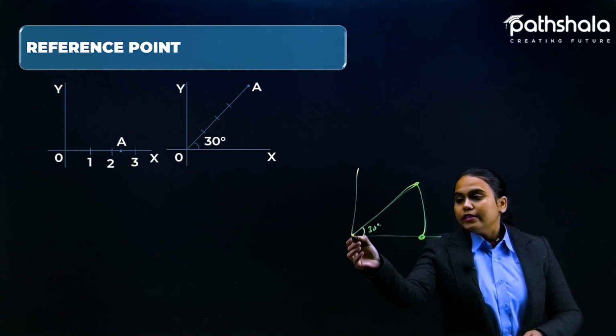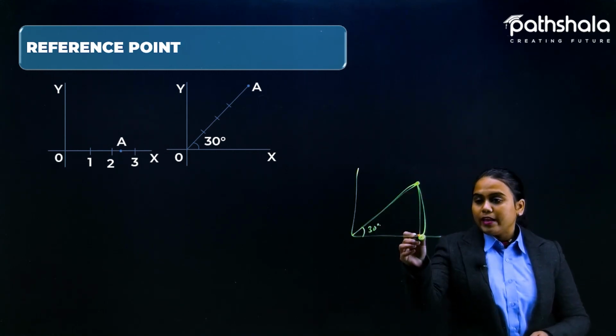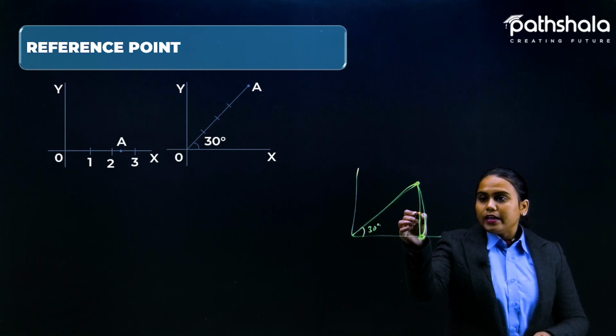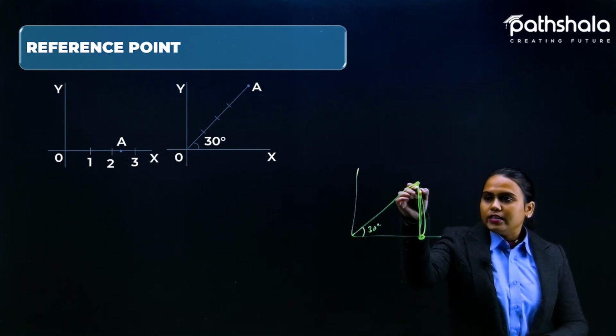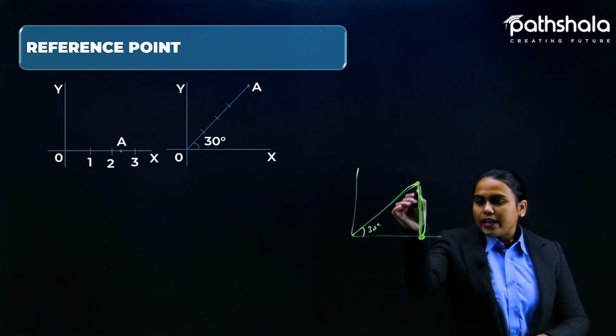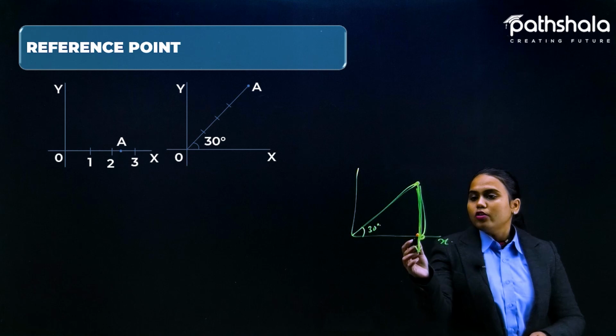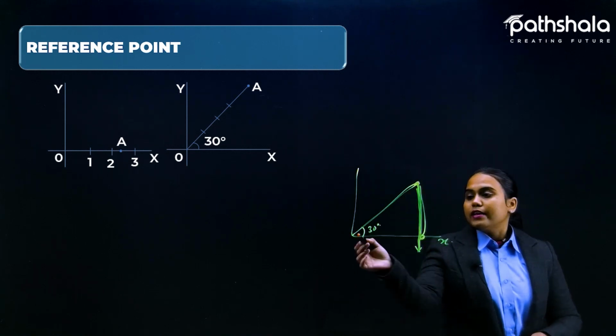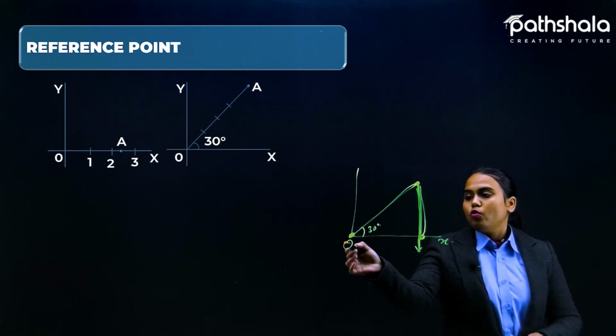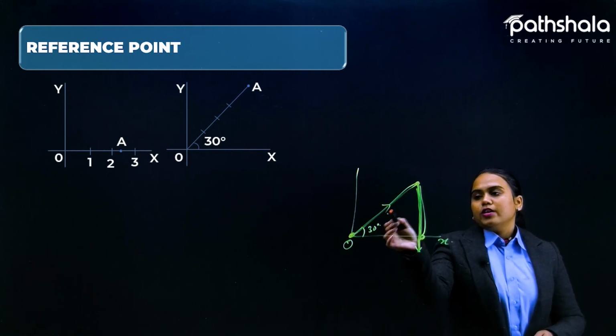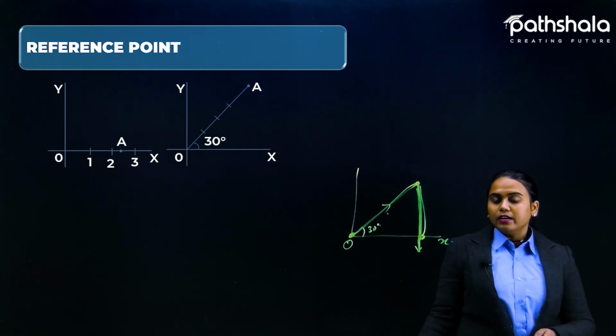So the reference for this point, for the same thing, we are making it upward in the same direction, and we are not going to change the metric measure, like 3 is the measure here on the x-axis. We are not going to change it, but still the reference for this position, the O position, is changed because it is making some angle here.